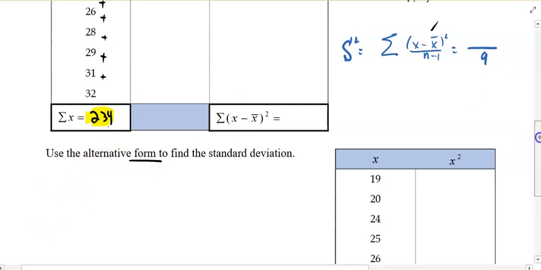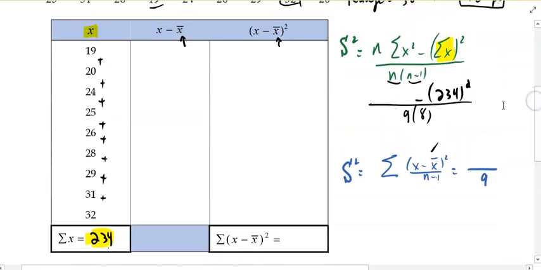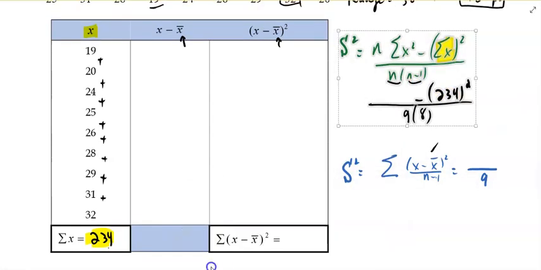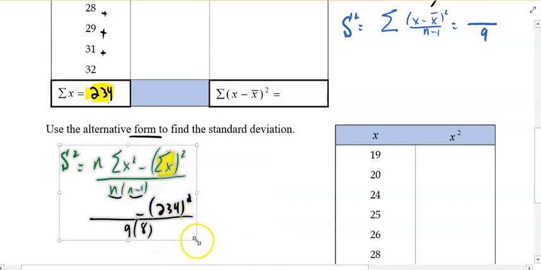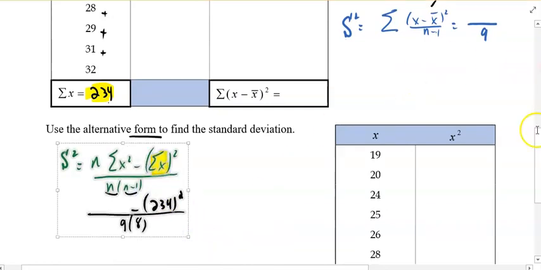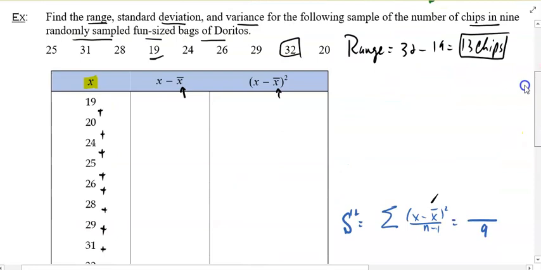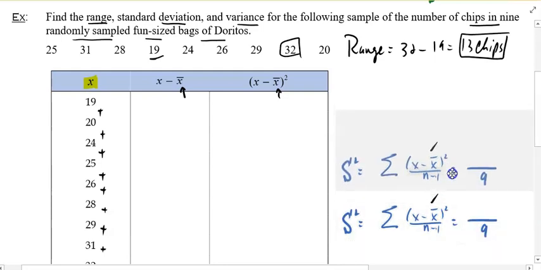So here, we're going to use the alternative form down there. There we go. And we're going to use the traditional right here. So I need the average before I begin.